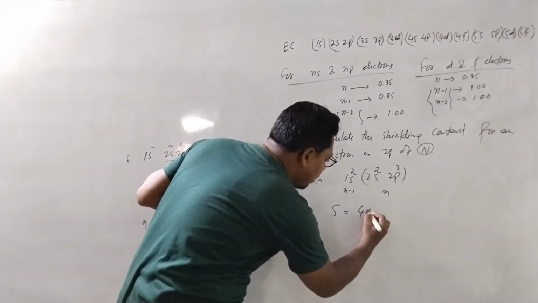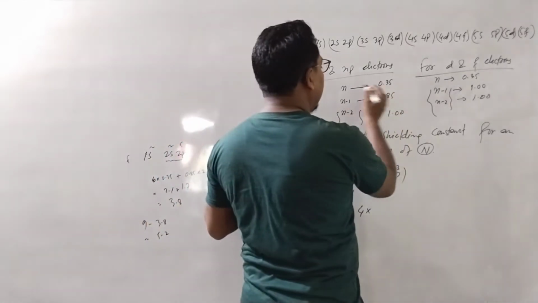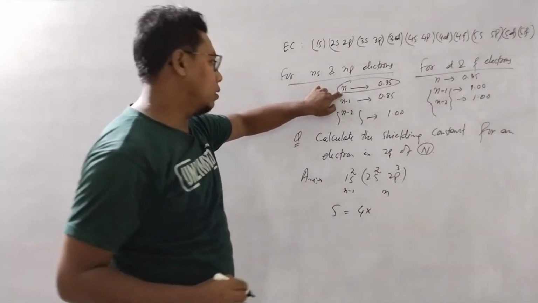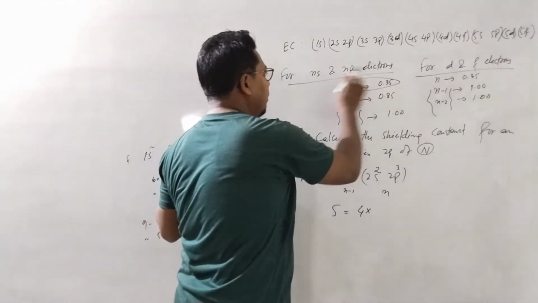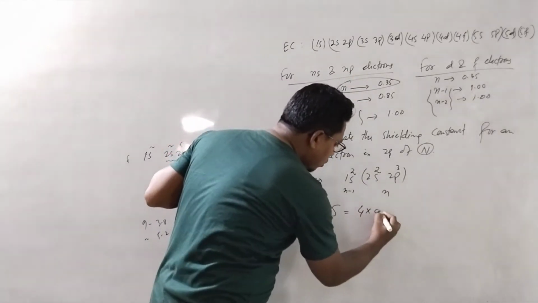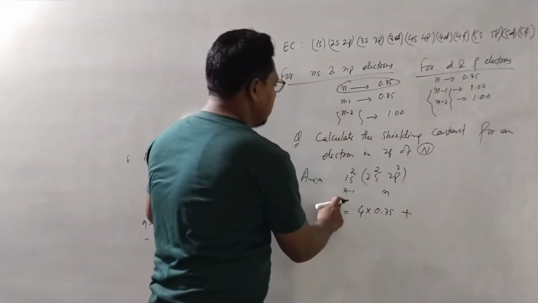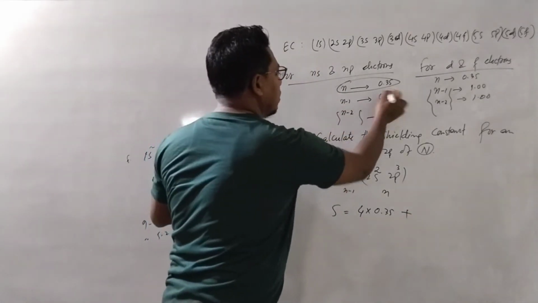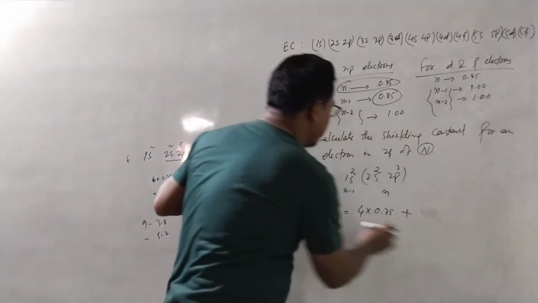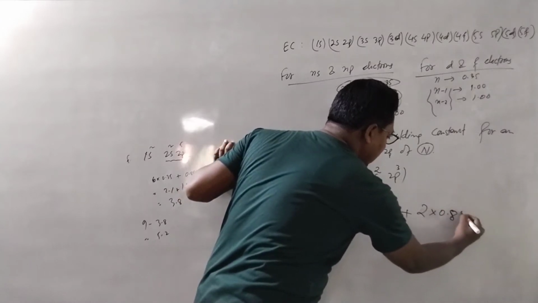So 4 into the shielding constant of an electron in nth energy level, which is 0.35 for ns and np electrons, so 4 into 0.35, plus, this is n minus 1. For n minus 1 the shielding value is 0.85, and how many electrons are here? 2 electrons. 2 into 0.85.